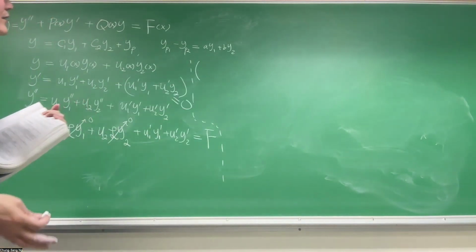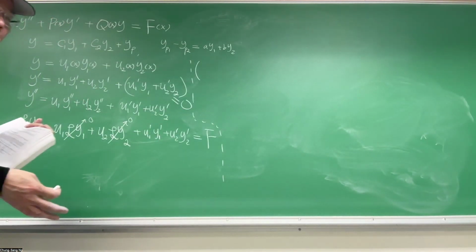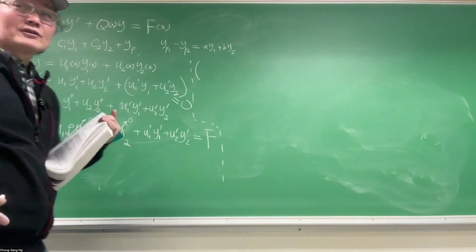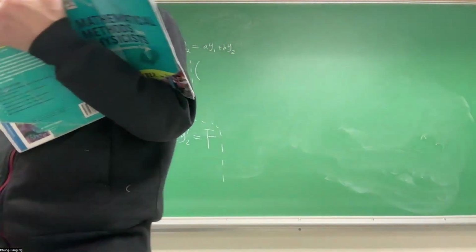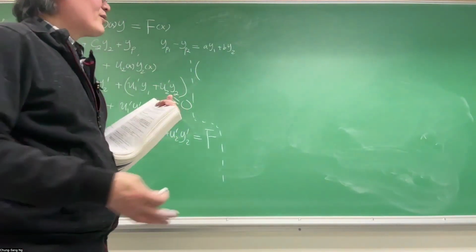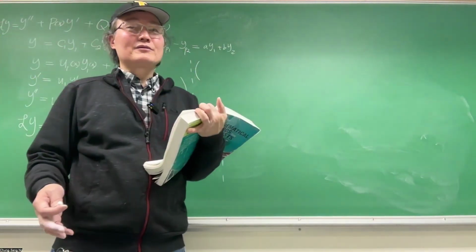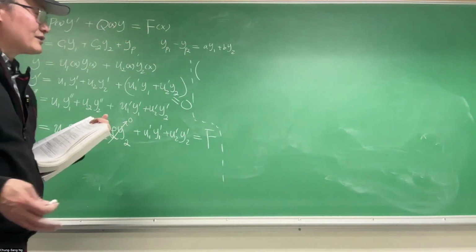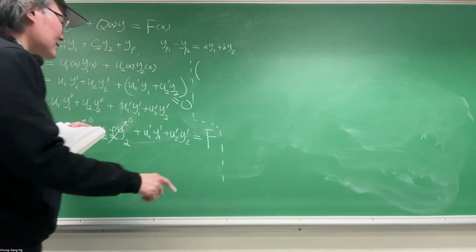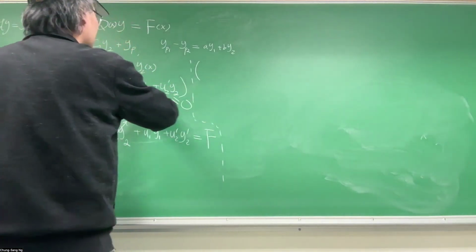So if you have a third order, following the same method, the matrix will be a 3 by 3 matrix, and then fourth order will be a 4 by 4 matrix. Writing it as a matrix equation would help you to organize your solution in a nice form. Okay, so we could do that right now.